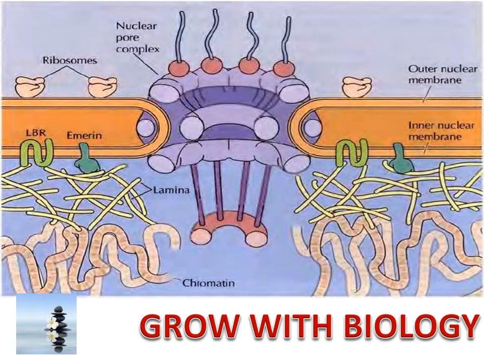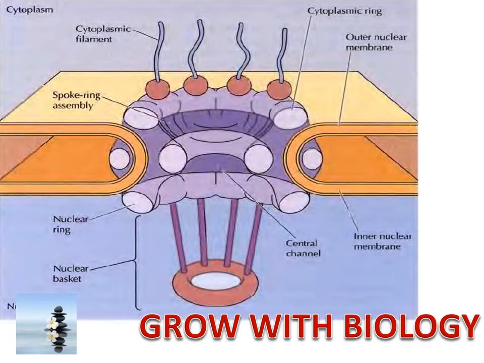So we have chromatin, we have the nuclear channels, and we have some proteins like LBR and emerin, which help in binding the lamina proteins, that is the lamins, to the chromosomes. This is the overview of the structure.